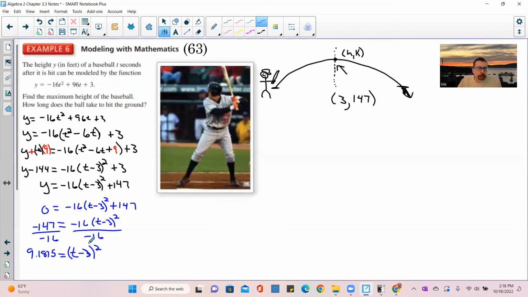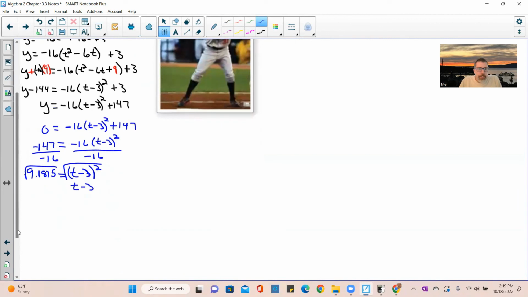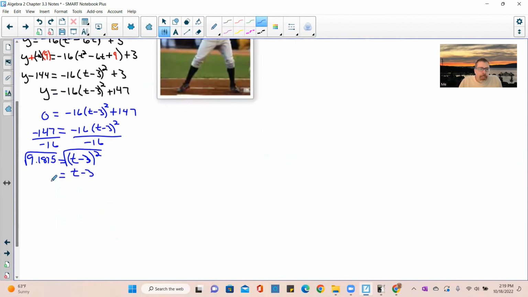And then when I continue now, I want to get rid of that squared. So I take the square root of both sides, and I get t minus 3. And let me extend the page here. T minus 3 equals plus or minus the square root of 9.1875. And then I add 3 to both sides to get my value.